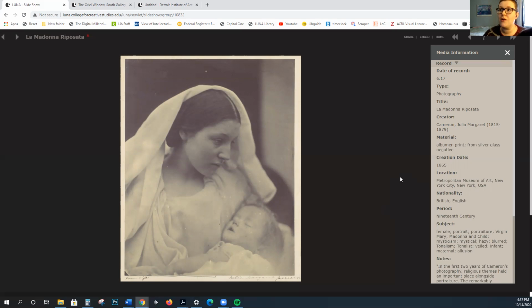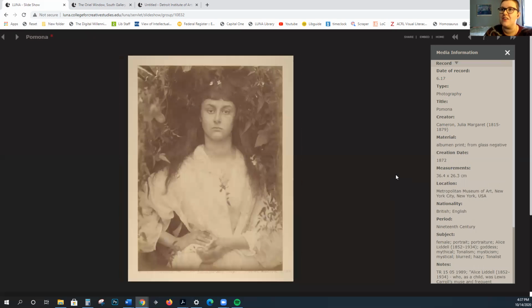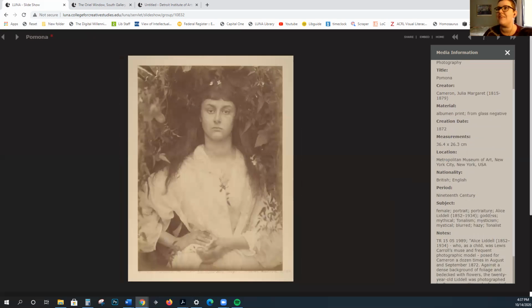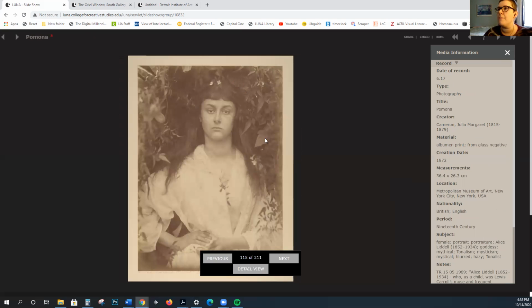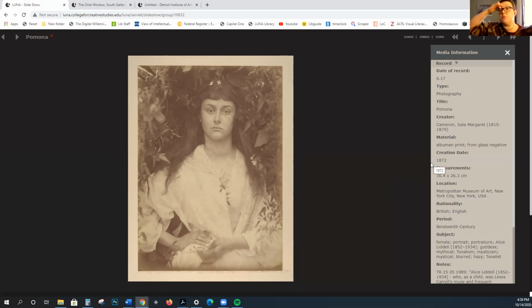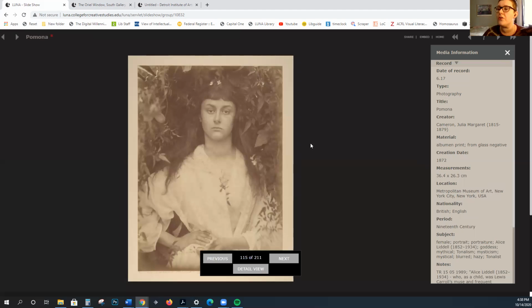As I mentioned before, photography was not initially considered an art form. So this is Pomona, and I believe this is, yes. So this Pomona is a figure from literature, but the girl who is depicted here, her name is Alice Liddell.